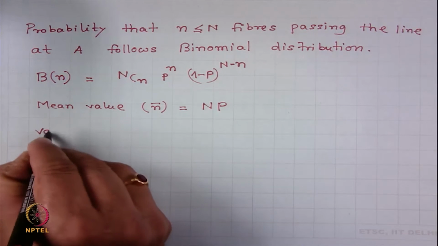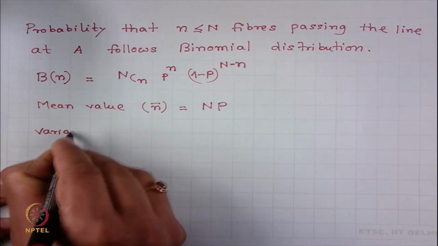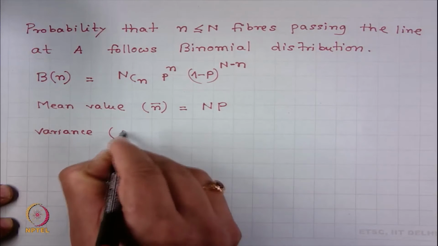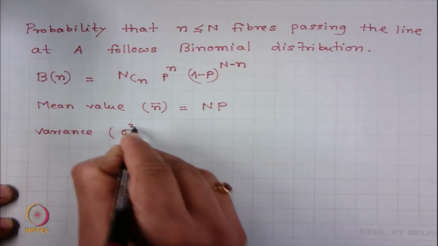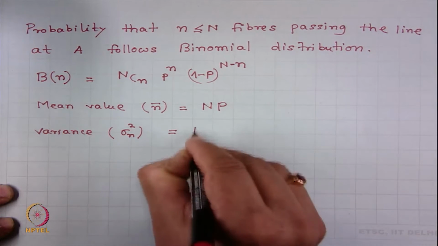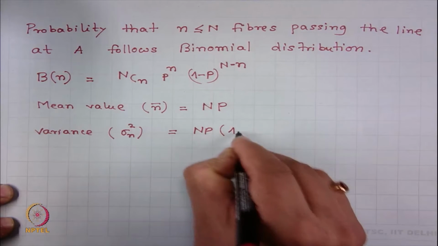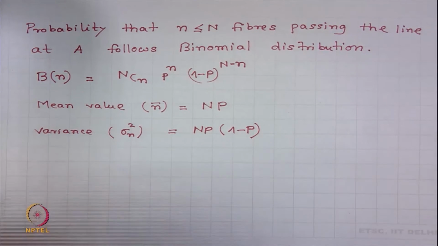Variance is N into P into 1 minus P. So, this is the variance of the binomial distribution.